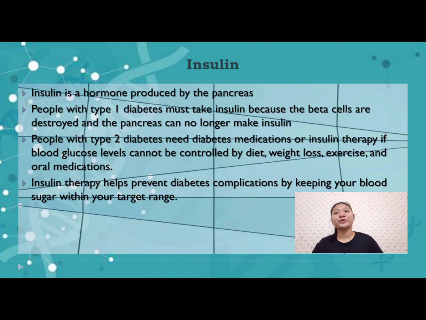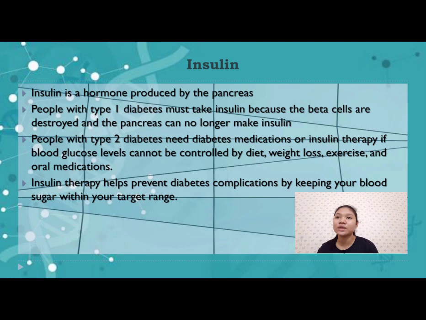Insulin is a hormone produced by the pancreas. Each person needs individualized treatment. Type 1 diabetes is managed with insulin as well as dietary changes and exercise. Type 2 diabetes may be managed with non-insulin medications, weight reduction, or dietary changes.